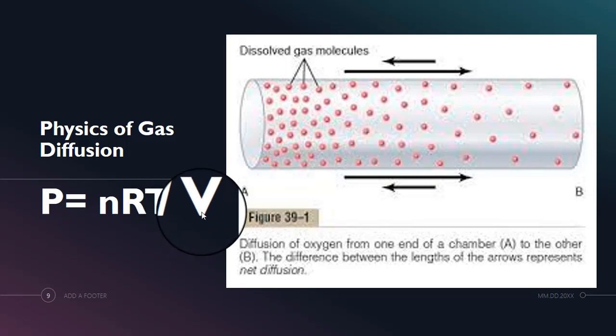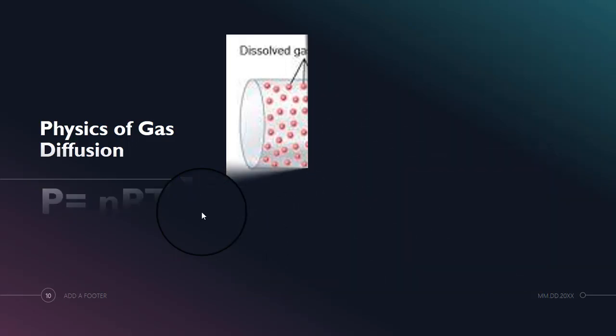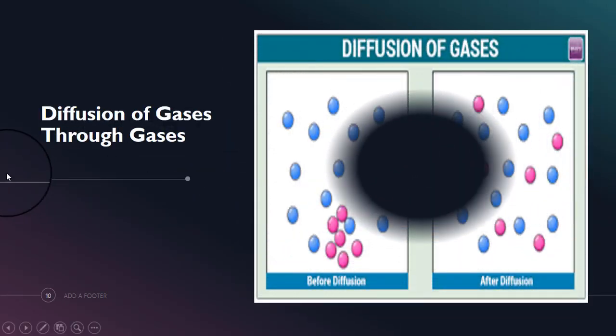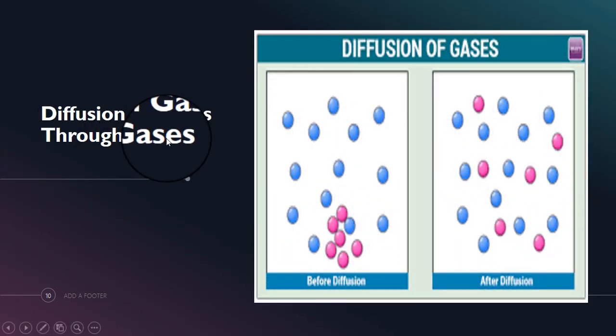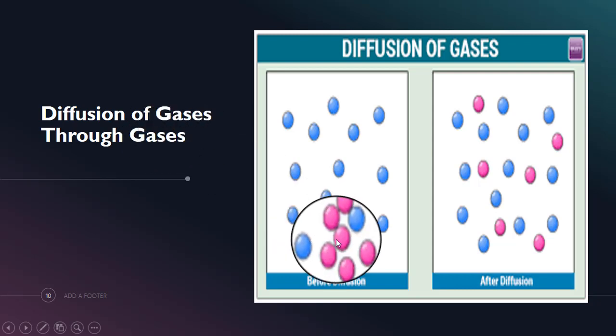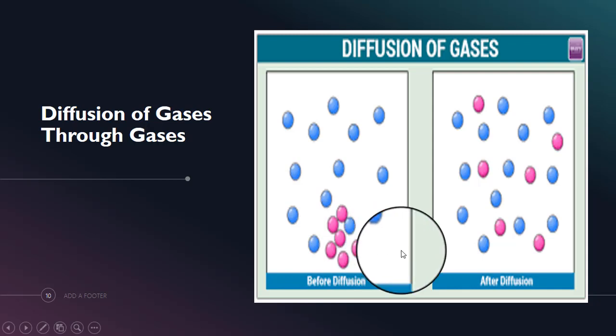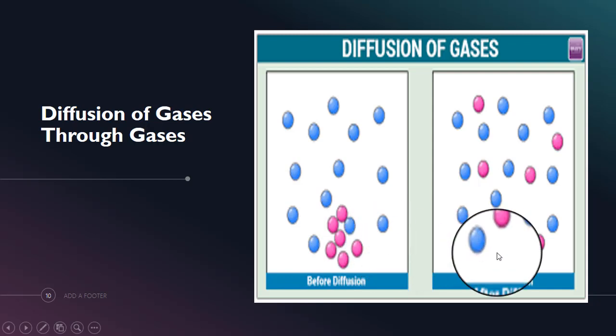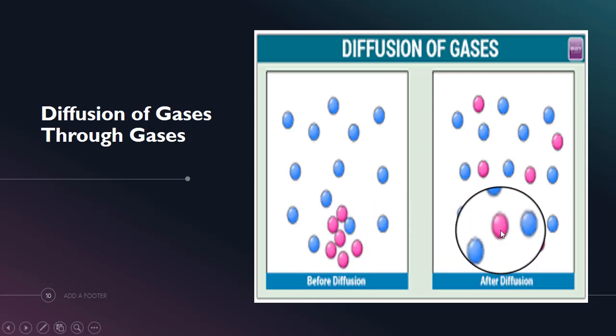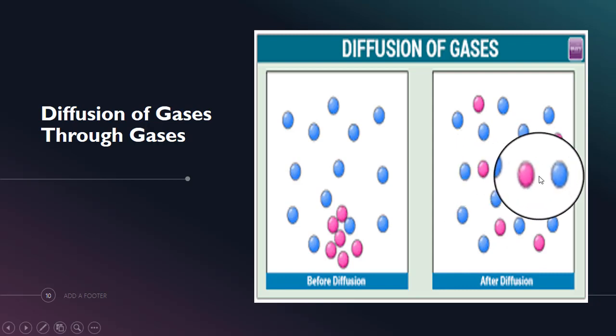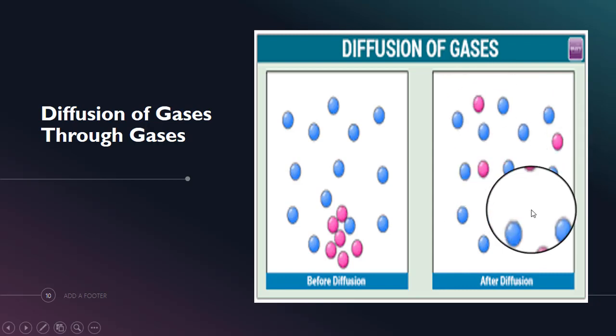Now next we'll talk about the diffusion of gases through gases. When gases are diffusing through other gases, such as in the alveoli of the lungs, the rate of diffusion can also be defined by Graham's law of diffusion of gases.